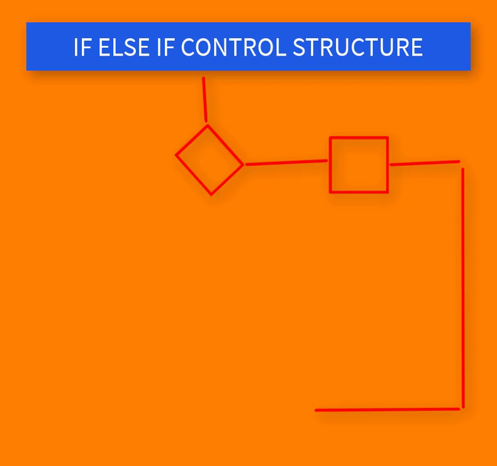If the test is false, in that case, what happens is we move to the next test. So if the test is true, we execute some code, and if the test is false, in that case, we execute the next set of if test or the next if test. So the second diamond that you see is the second if test that we are executing because the first test failed.